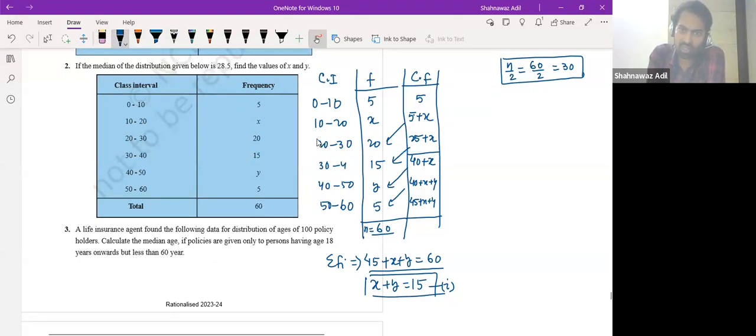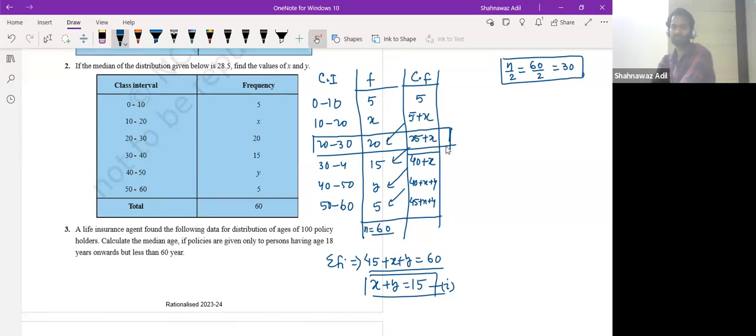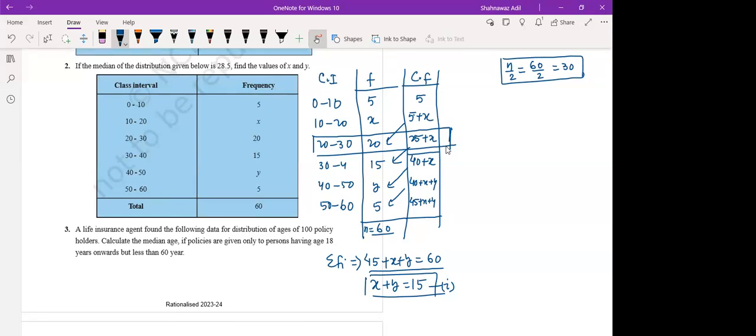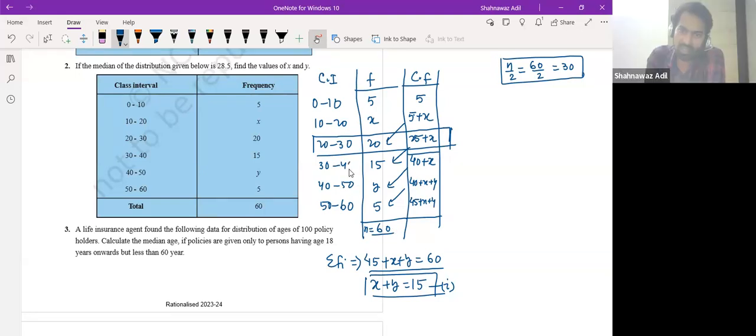So 20 to 30 is the class interval where you have this median, right? Understood, everyone? Yes, sir. Okay, so you have this median class, and then you have this CF, right?